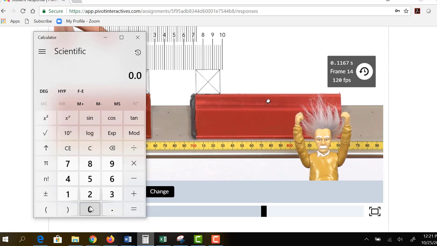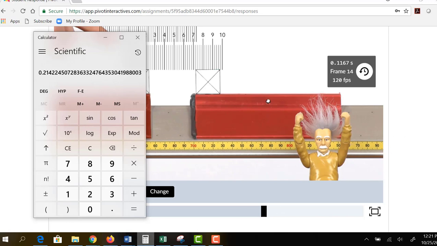So 0.025 divided by 0.1167. Okay, so 0.214. 0.2142, maybe I'll use 0.2142.